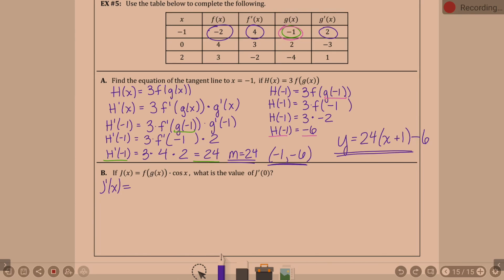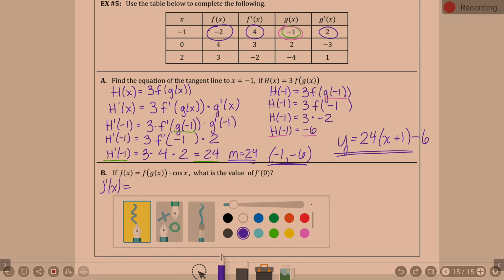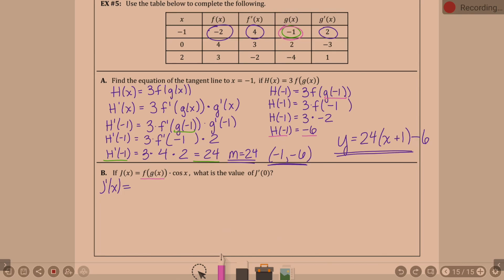Can the f of g of x be like the something of the cosine? No. We've got to see this as f of g of x times cosine x. So we've got to see this as a product rule.